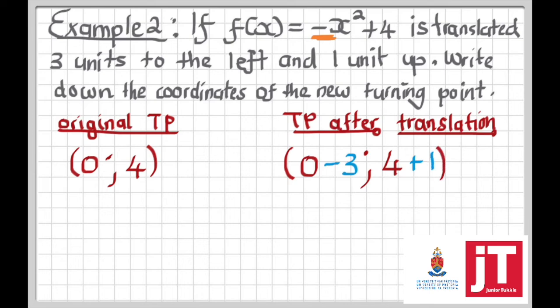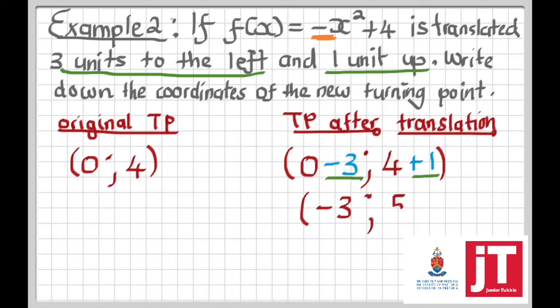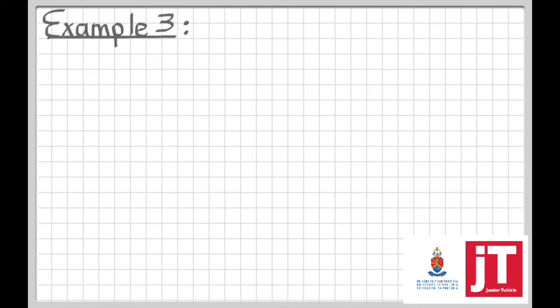In case somebody has forgotten, the 3 units to the left is indicated by that negative 3. The 1 unit up is indicated by that plus 1. And if we simplify that, we get (-3;5) as our new turning point. I hope that's easy.